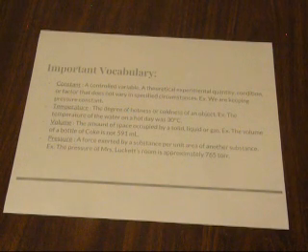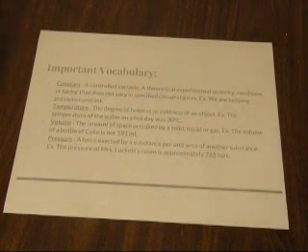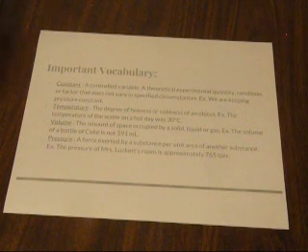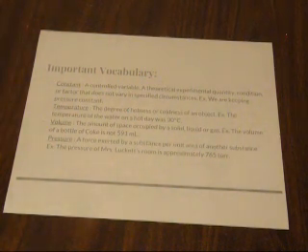So to wrap it up, we're going to talk about some important vocabulary from this section. There are other vocabulary words that were mixed in the PowerPoint. These are just the most important parts that we really want to drill into your brain.